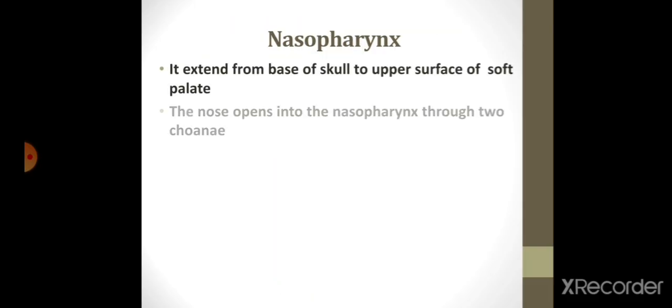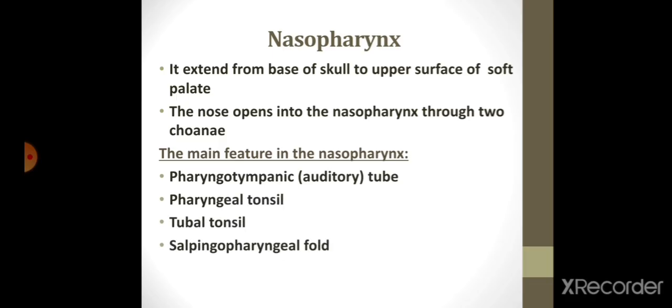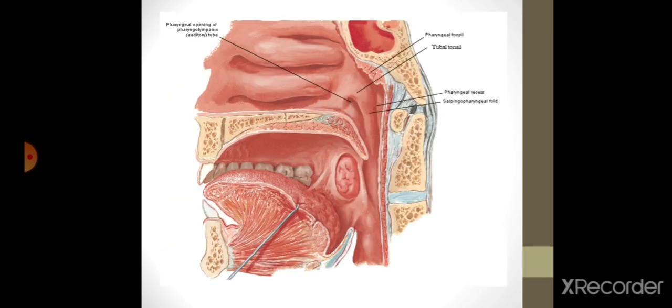There are many features in the nasopharynx, such as the pharyngotympanic tube, or auditory tube, or Eustachian tube. This pharyngotympanic tube, from its name, connects the pharynx with the tympanic cavity. Tympanic cavity means middle ear.